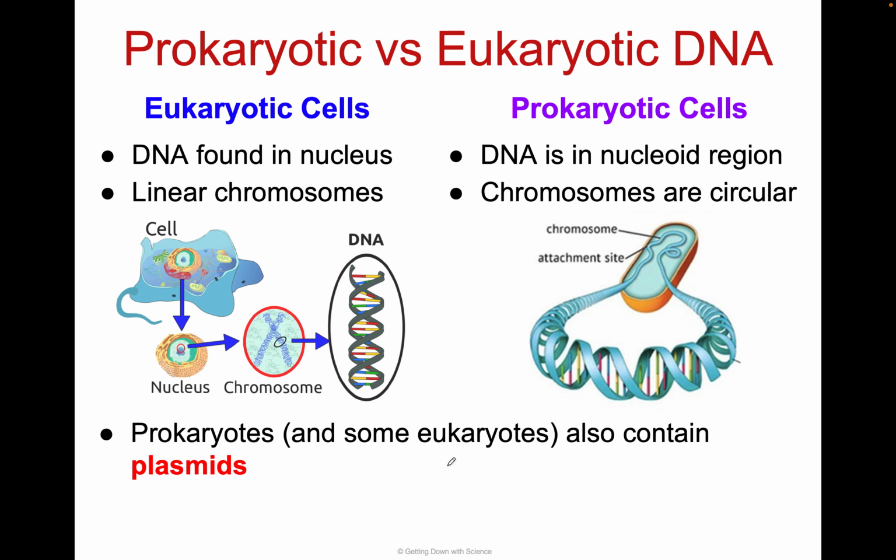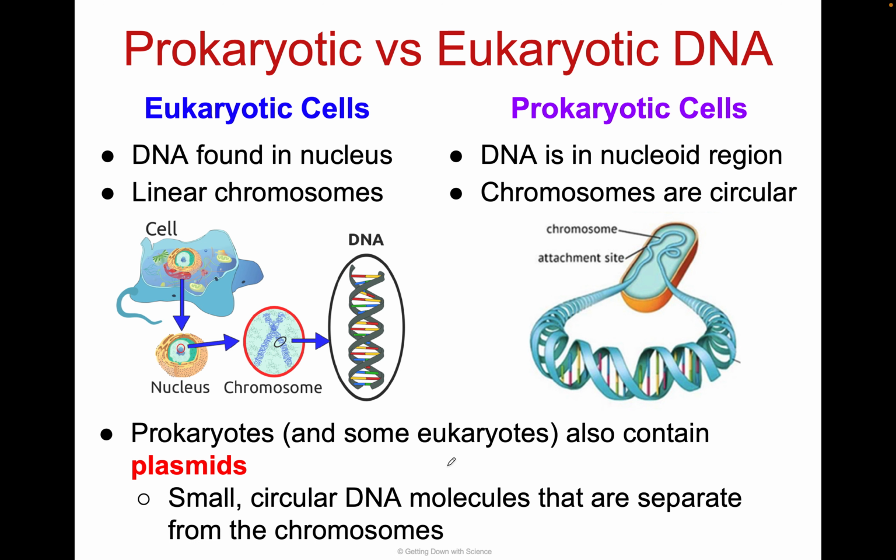In prokaryotes and some eukaryotes, we have plasmids. We worked with plasmids when we were doing our E. coli lab, right? But plasmids are just these separate, non-nuclear, non-chromosomal DNA that can go through transcription translation to express various genes.